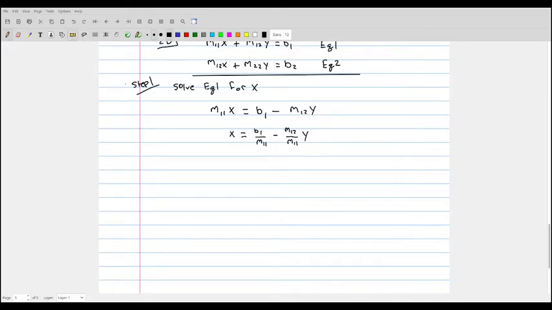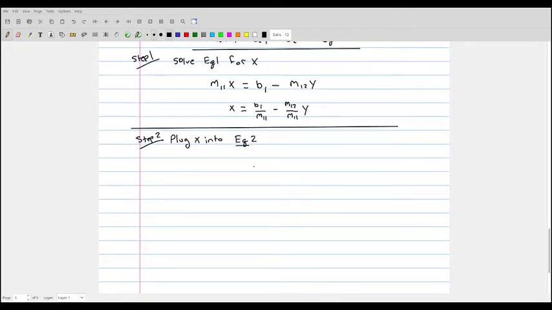Now, we're not done yet, because x here is determined in terms of y, and y is still unknown. So we have to do something else, and that's step 2 of the substitution method. Essentially, that is to plug what we solved for x directly back into equation 2. And doing this isolates the variable y.